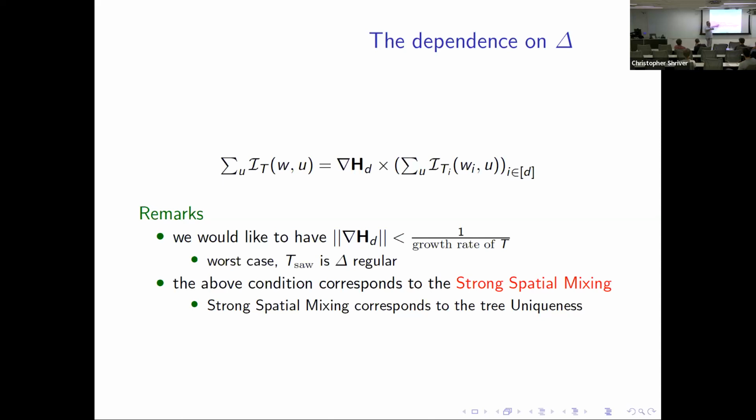This condition gives you a bounded infinity norm for the influence matrix, and coincidentally, it also gives you strong spatial mixing. This is why we have good mixing times in the uniqueness region. Basically, everything boils down to the same condition.